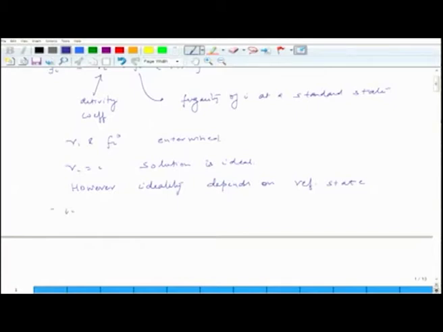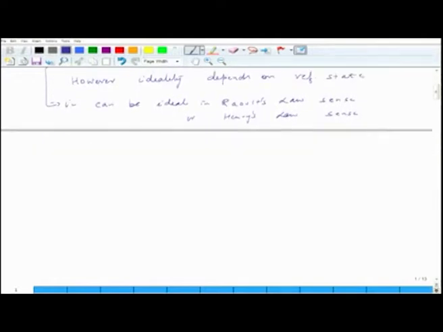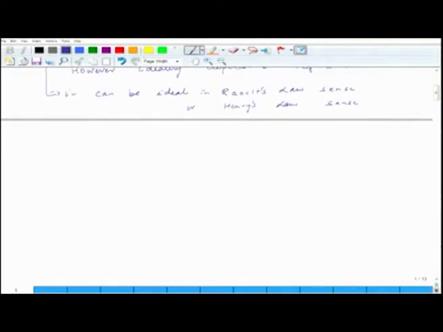So, that is, this can be ideal in the Raoult's law sense or Henry's law sense. So, what I am going to do is define formally the ideal solution.